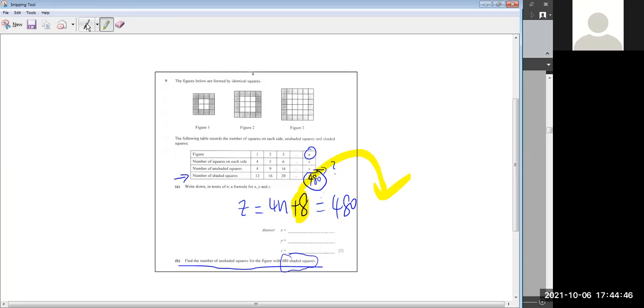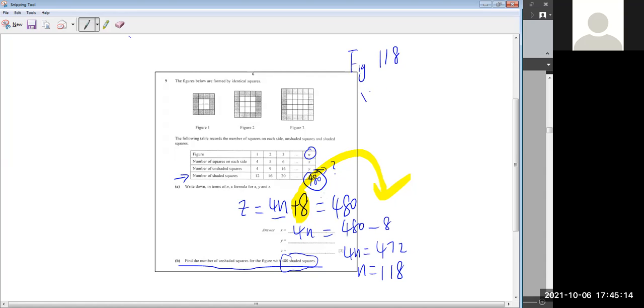So 4n remains, and plus 8 I bring it over becomes minus 8, because you change the sign. So 4n is equal to 472, and then n equals 118. So 118 is the figure. So it means they want to know figure 118.